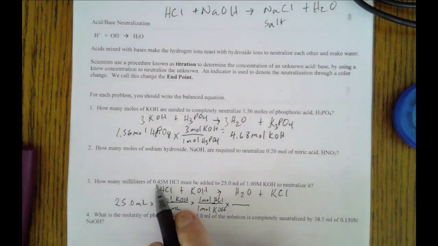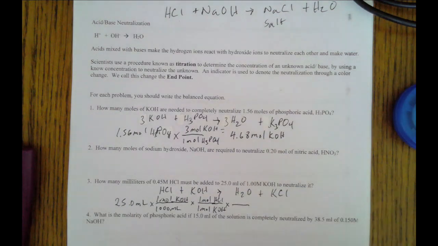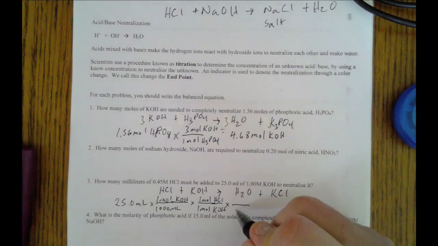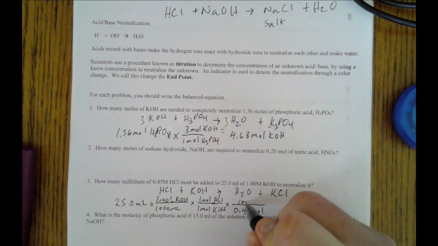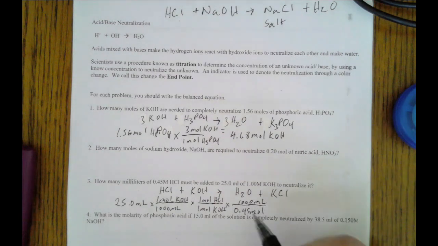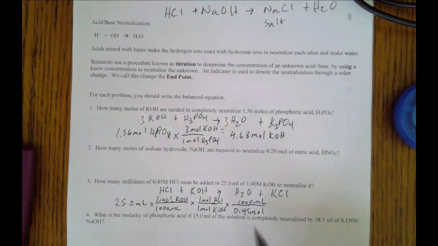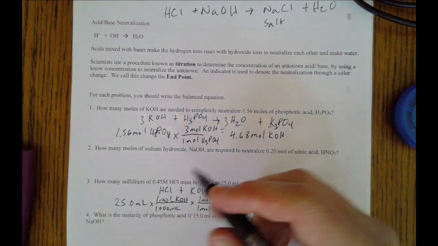And this is 0.45 moles per 1,000 milliliters, or 1 liter. Every 0.45 moles is 1,000 milliliters. So if we take a look here, the milliliters will actually cancel out.